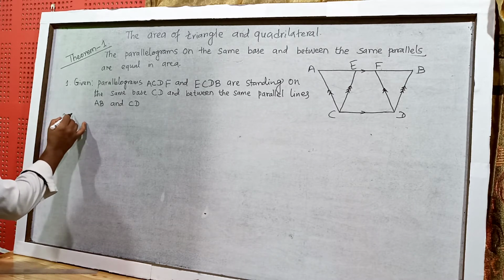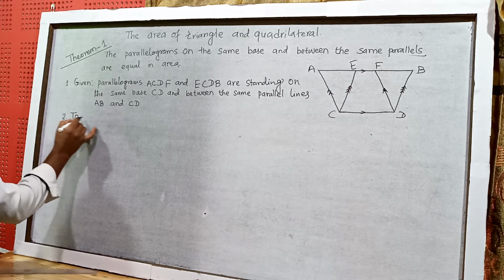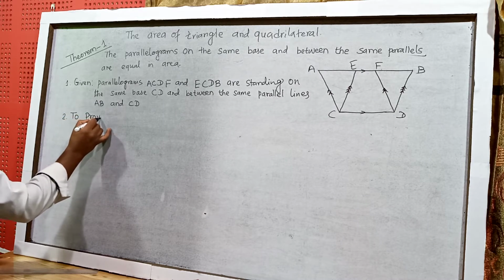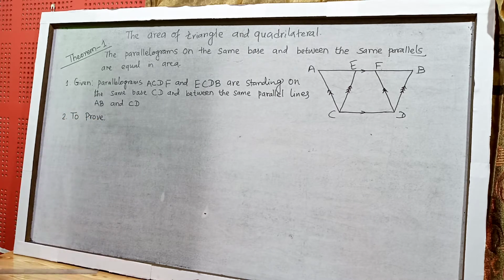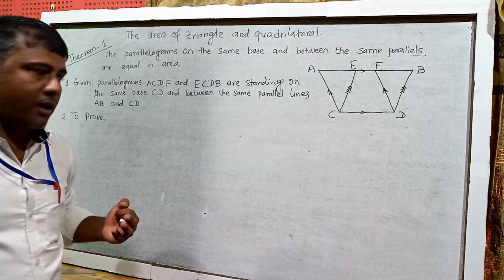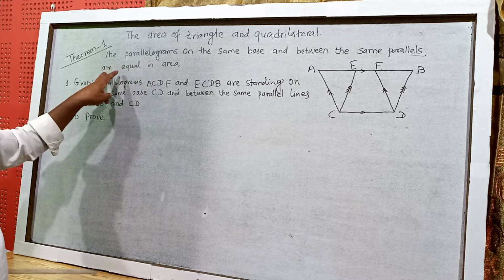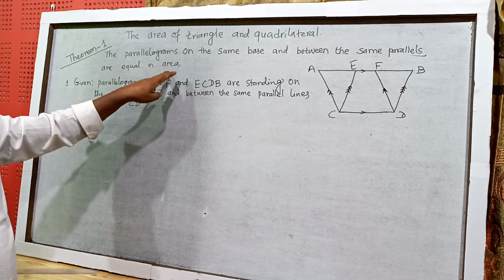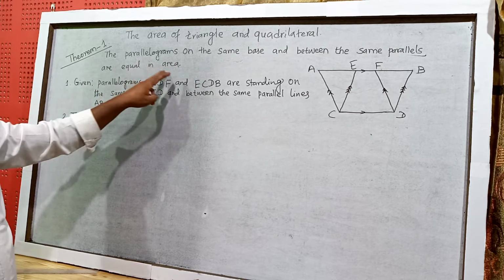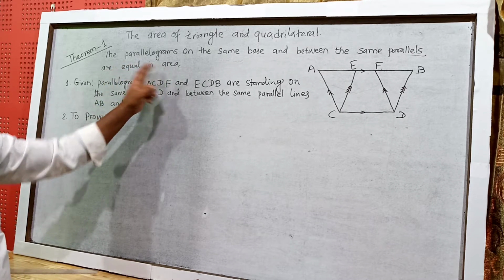Now, to prove, what should we prove? If the parallelograms are standing on the same base and between the same parallel lines, then their areas are equal. We should show their areas equal.